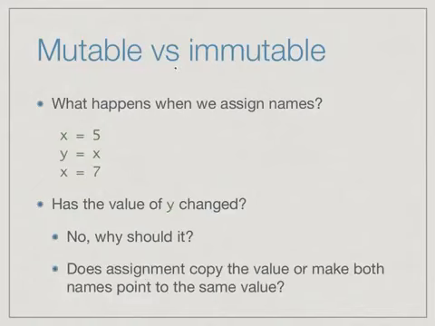After all, it seems natural that when we assign a value to the value of another name, then what we are actually doing is saying, copy that value and make a fresh copy of it. So x is 5. Well, make y the same value as x currently is. It doesn't mean that make y and x point to the same value. It means make y also 5. So if x gets updated to 7, it has no effect on y.